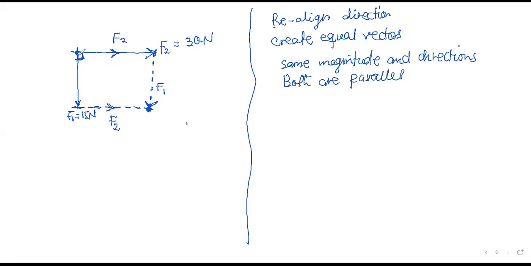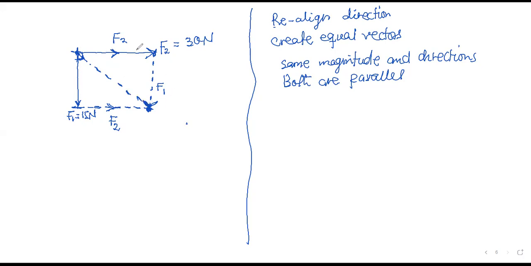To determine the shortest distance, or the resultant, if I draw a vector from the tail of F1 to the head of F2, this distance will be equal to the resultant of both.